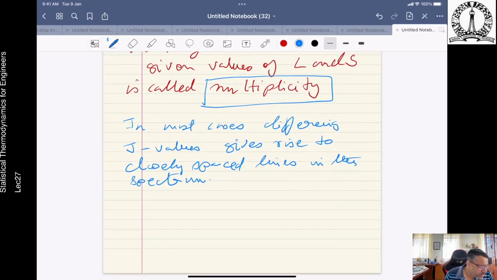These closely spaced lines together form what we call a multiplet.